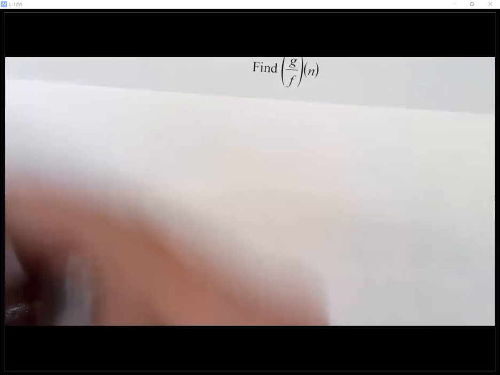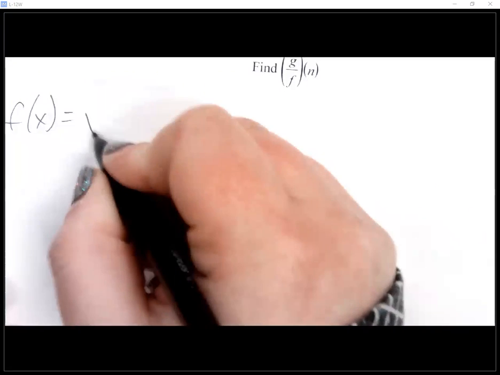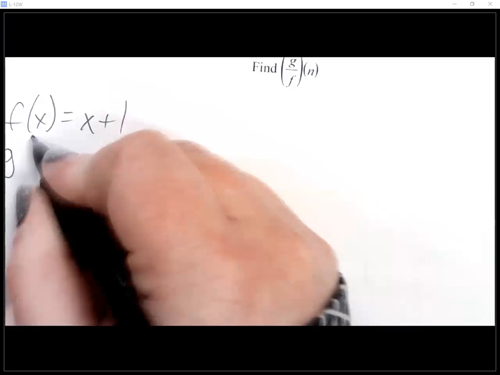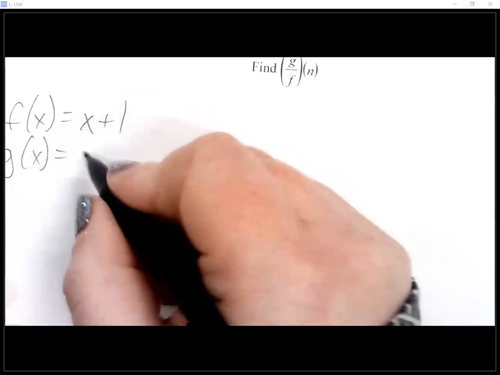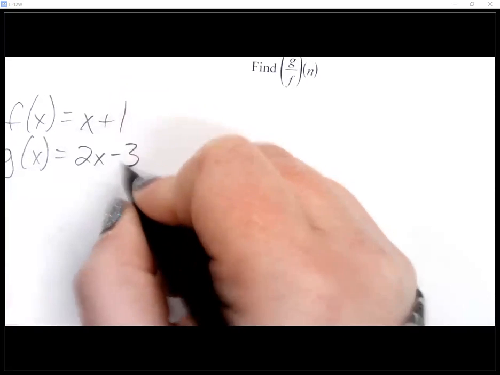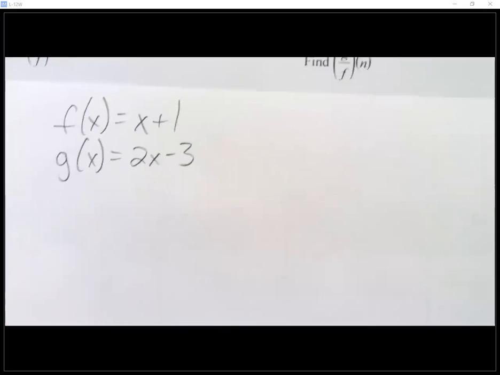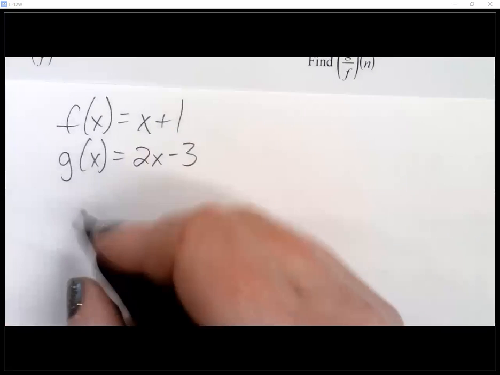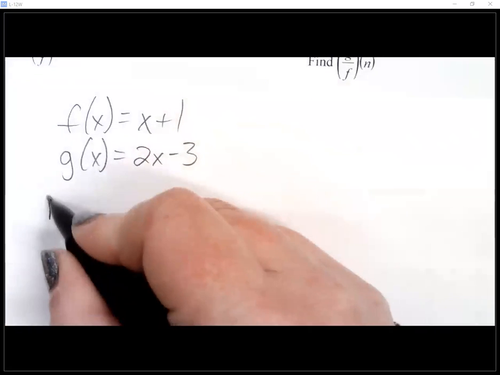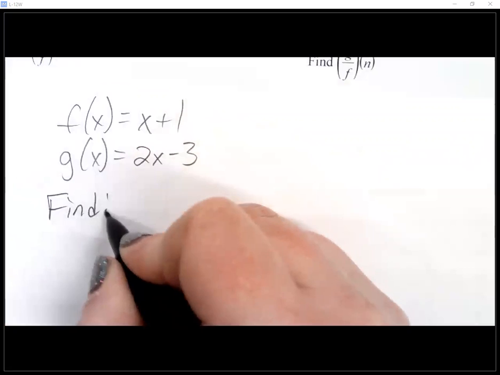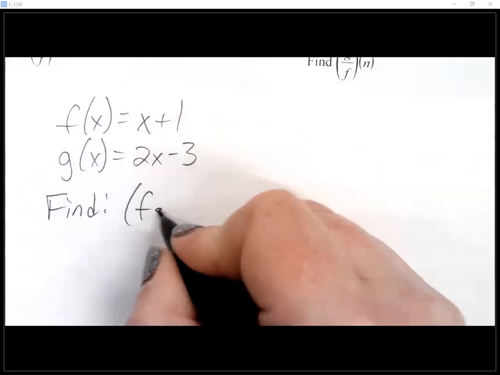So let's say f of x was x plus 1. And let's say g of x was, oh, how about 2x minus 3? If I want to multiply these two functions together, I might say something like find f times g of x.